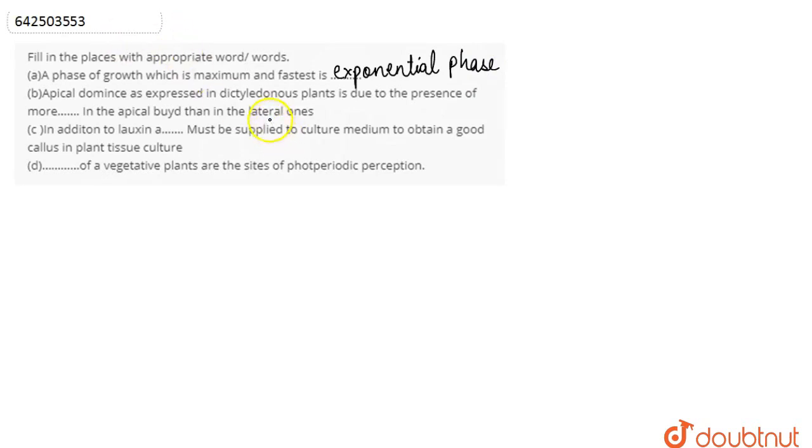Now the next one is: apical dominance expressed in dicotyledonous plants is due to the presence of dash of more dash in the apical bud than in the lateral bud, right? So the apical dominance is basically expressed in dicot plants. That's basically due to the presence of more auxin, right?